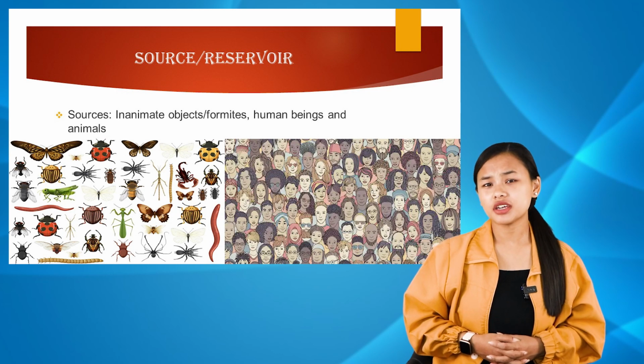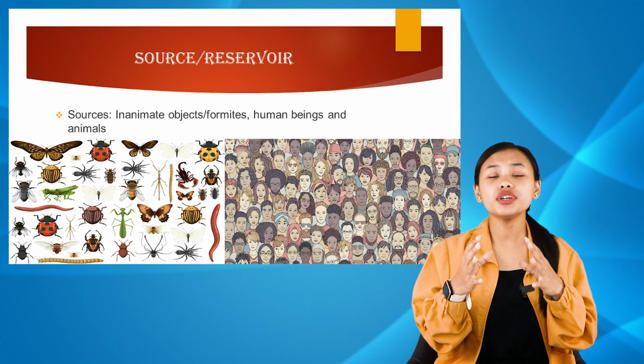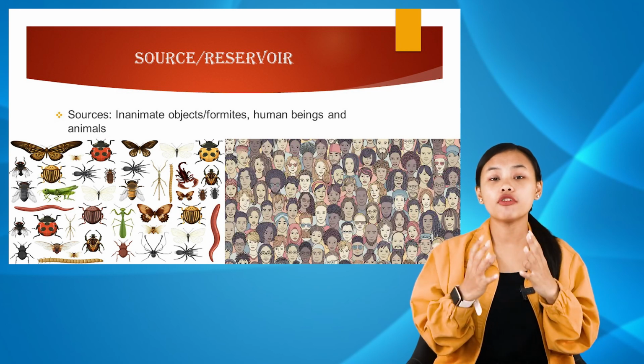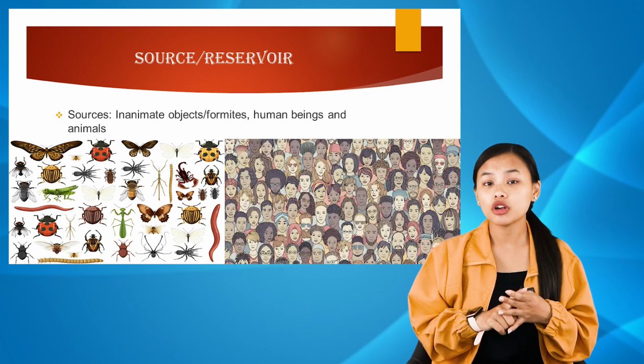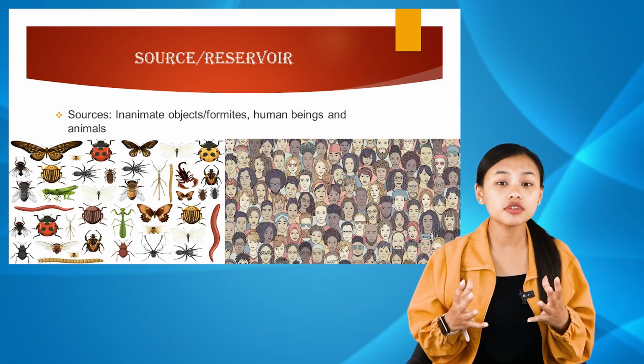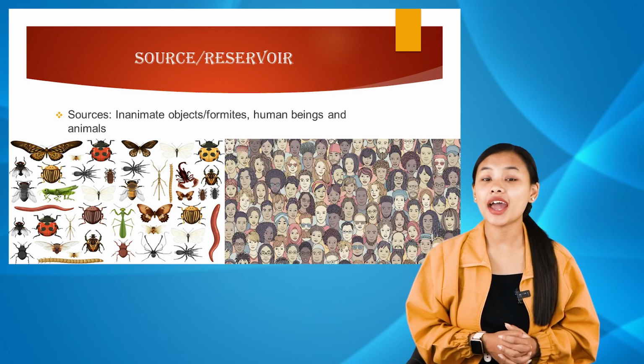You may be thinking how these act as a source, right? These inanimate objects or fomites include the medications, the air, food, water, or any other materials on which an organism can find nourishment and survive.